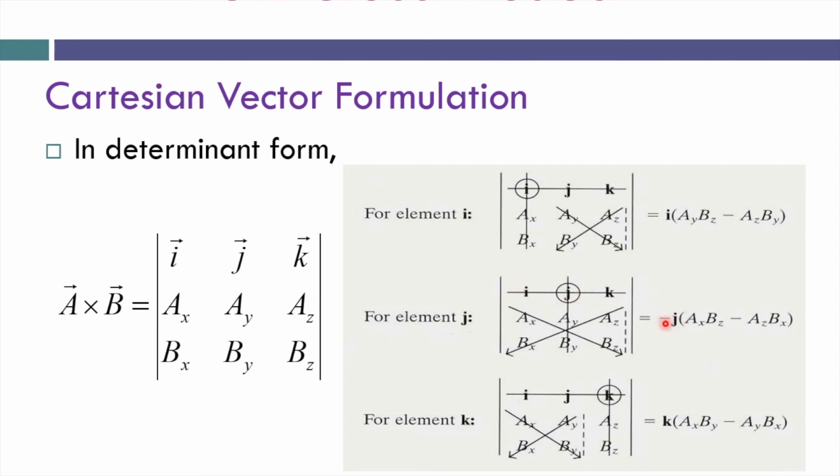Why negative? According to our calculation slide before, the value of j will be negative. When we cross this line here and here, ax times bz minus az times bx. And the last one is for k, so we hide this part: ax times by minus ay times bx. This is how the calculation for the cross product works.